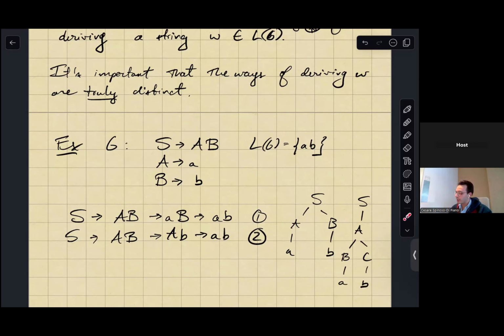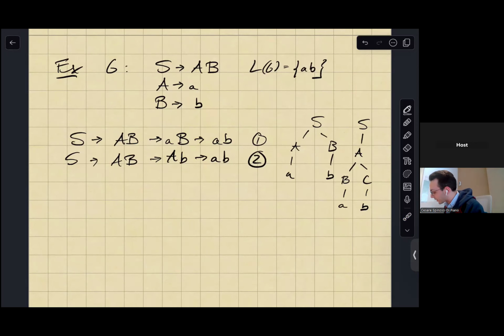Because maybe there's one particular meaning given to the variables A and B here, and then there's another particular meaning given to the variable C here, right? So these two parse trees look different, and it's the parse trees that determine whether a derivation is meaningfully distinct from another, okay? In case you didn't understand anything of that, I don't really blame you.